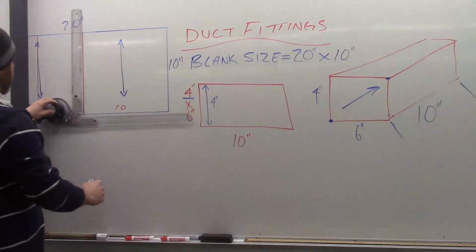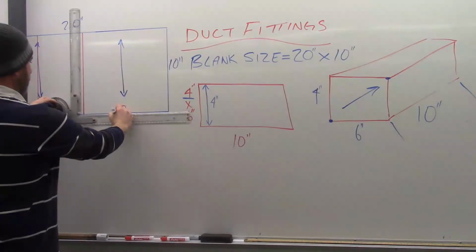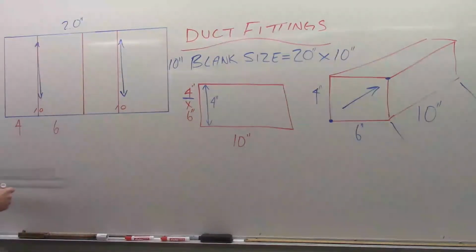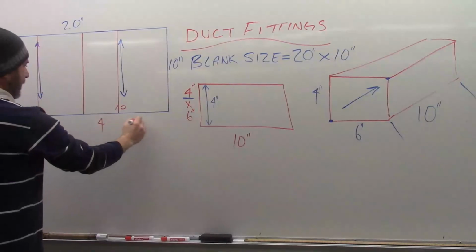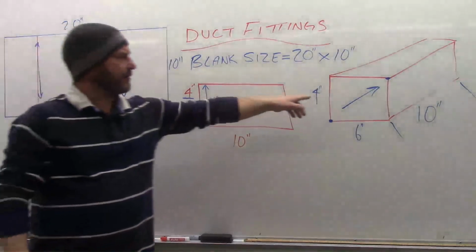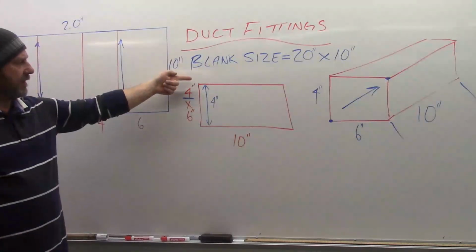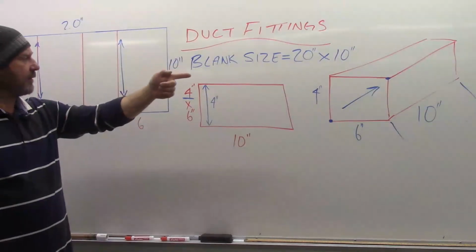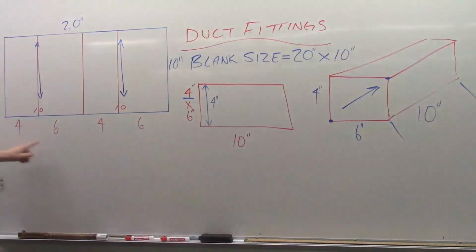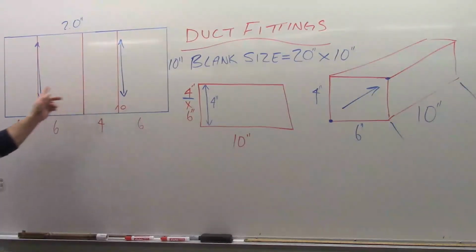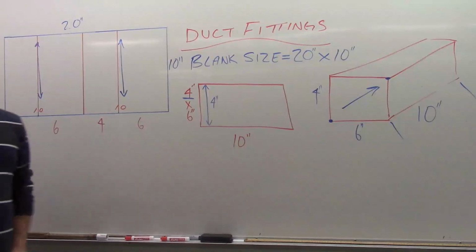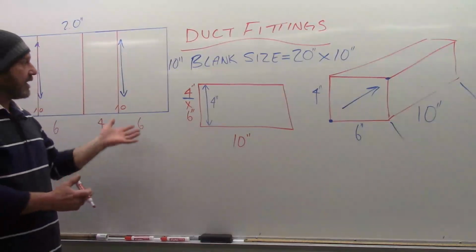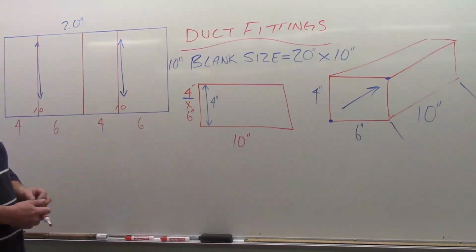This comes back here to 4 again. 4, 6, 4, 6. Just like our drawing was there. So when we go back to our original, we know we're coming down 4, then across 6, back up 4, and back to our starting point. 4, 6, 4, 6. Make those 3 bends, and the piece is finished. We just got to weld it up, or however we're joining it. Okay, that's a start of duct fittings, straight piece of duct.